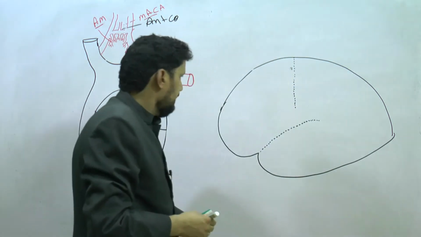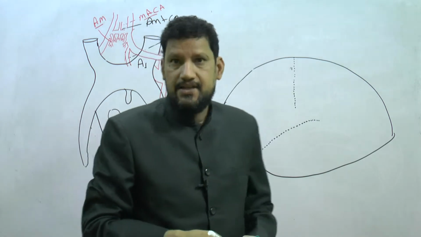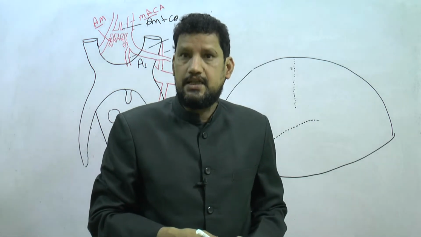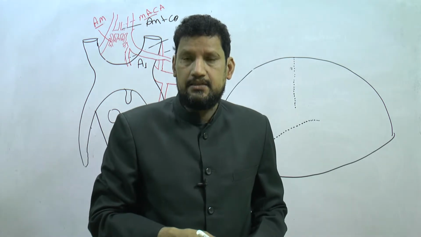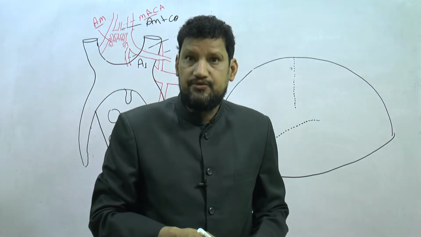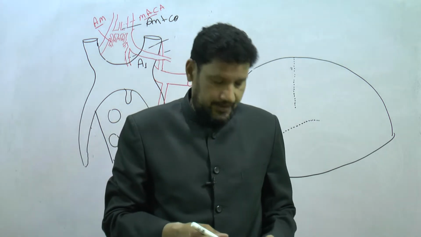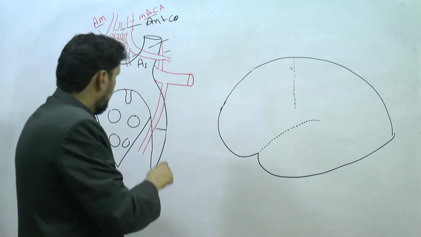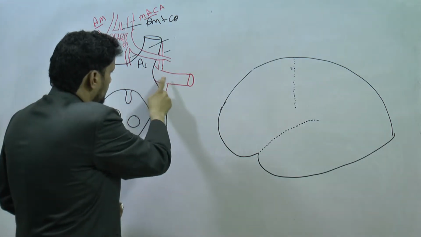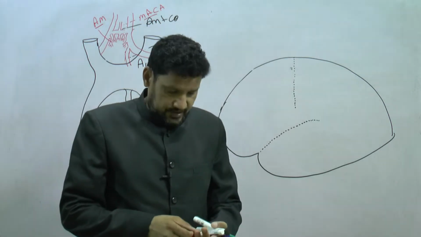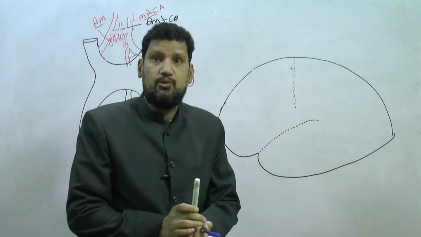So in same way as we have seen in the anterior cerebral artery, here also in surgical nomenclature, the M1, M2, M3 and M4 divisions of the artery. So from its beginning up to bifurcation or trifurcation, the segment is M1.